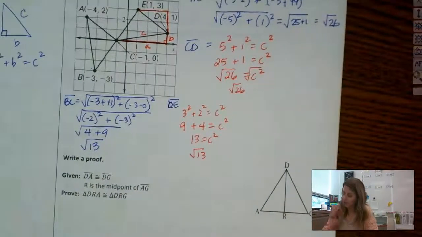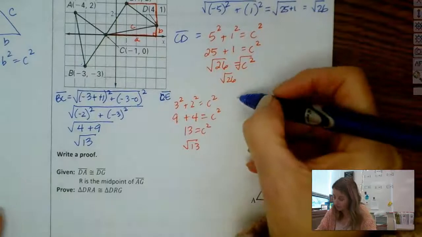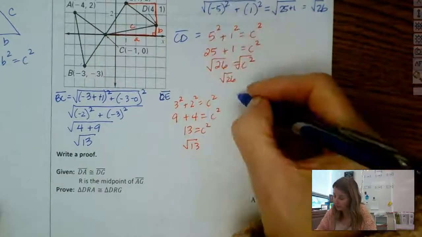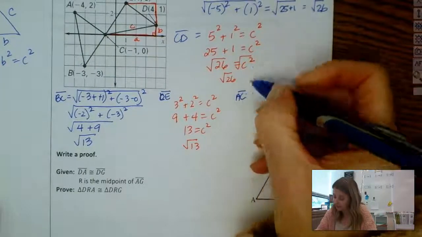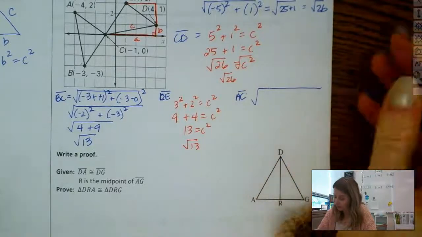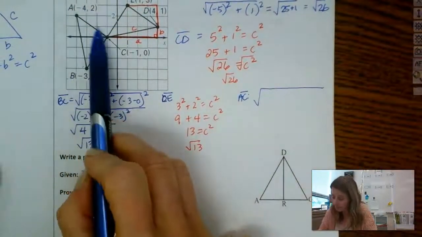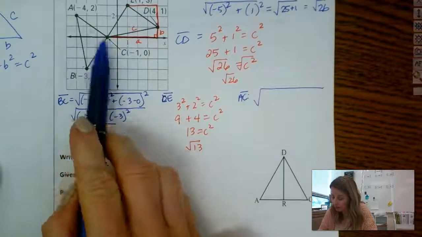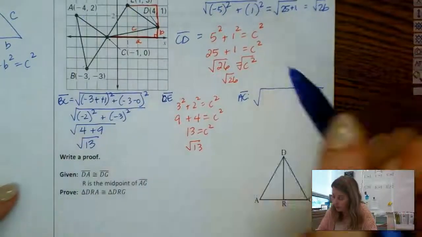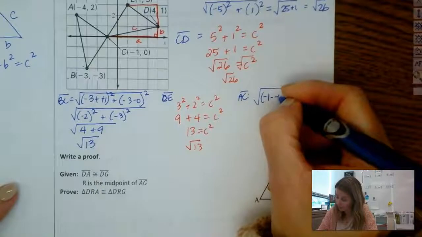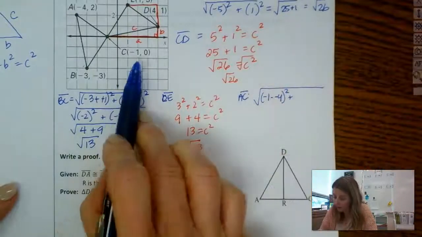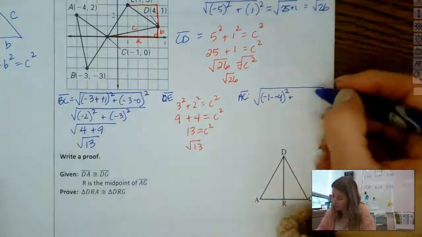I'll go ahead and just continue on here with the last group, AC. So I'll do distance formula like I've been doing. All right, so that is going to be -1 minus -4. And then 0 minus 2.